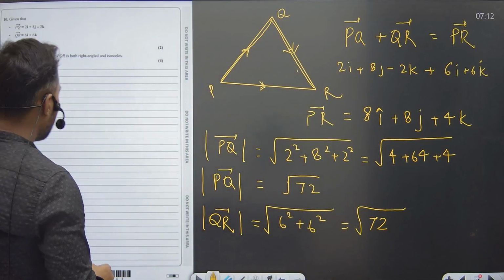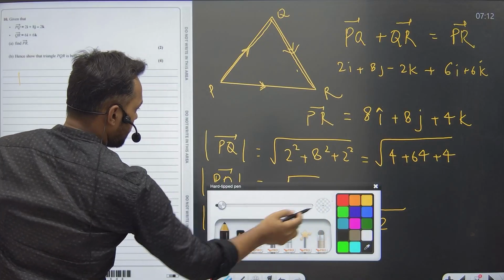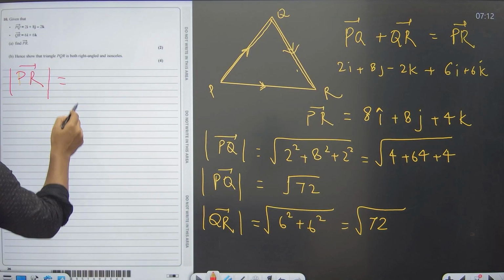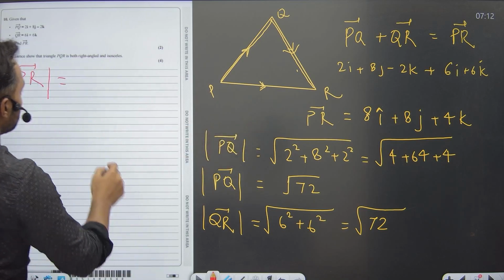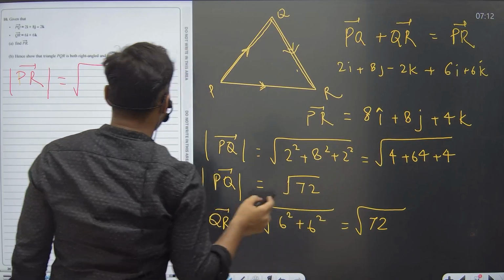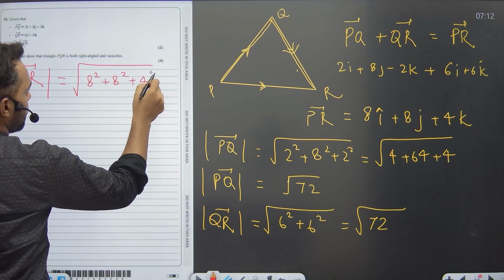Now same we need to find the magnitude of the PR vector as well. What we have calculated for the PR vector, students, is 8i plus 8j plus 4k. So the magnitude will be 8 squared plus 8 squared plus 4 squared.